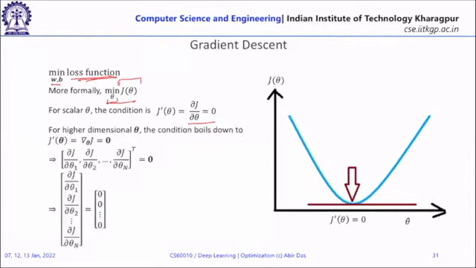Now, if you translate it to multiple variables, that is a vector theta, not the scalar theta, then for high-dimensional theta the condition boils down to something very similar: the gradient of J, grad J or nabla J with respect to theta, is equal to the 0 vector. It is a boldface 0, right?